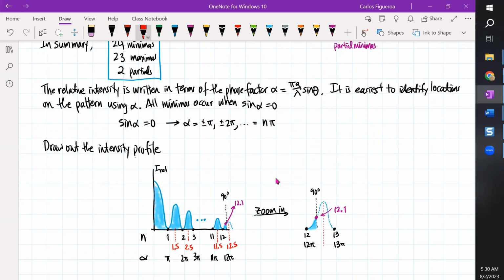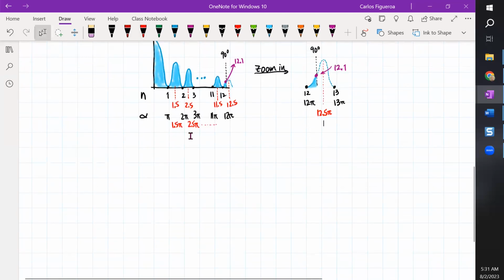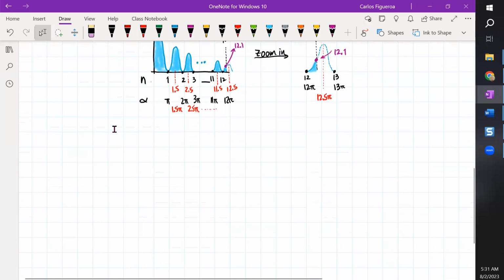So the odd values should then be 1.5 pi. You see, I'm going to run out of space. This is 2.5 pi. And then I'm just going to keep going, and I'll just draw it over here. And then this guy right here is going to be 12.5 pi. So there's my diffraction profile.